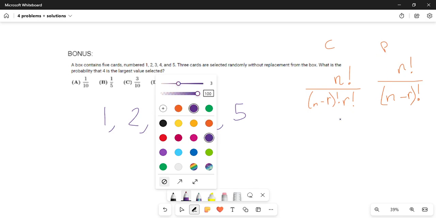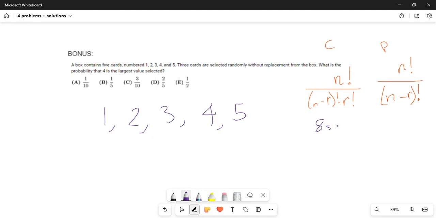The difference is that you use combinations when the order doesn't matter. An example is when you have 8 sodas and you want to pick 3 of your favorite sodas. So you do 8 choose 3.